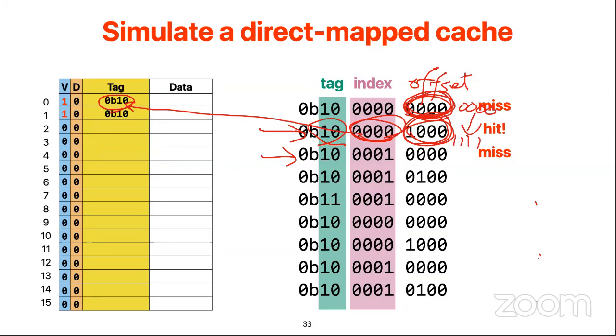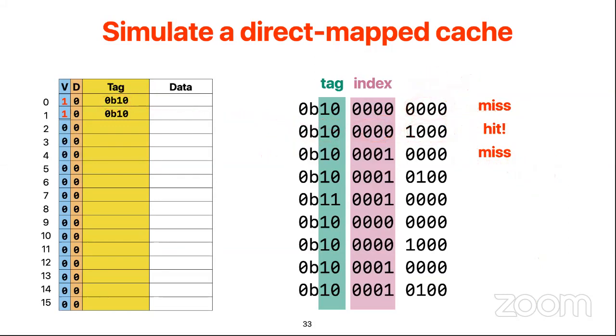You can imagine all the addresses from 001000 to 1111 are already in the cache. I already revealed the answer, so for this one it's a hit.